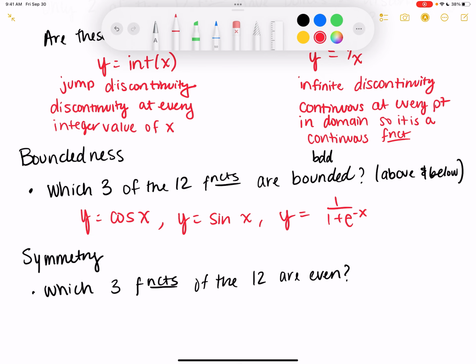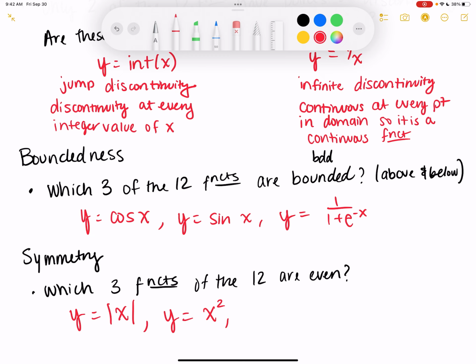F of x equals absolute value of x. And then f of x equals x squared. And then you might have to remember something from last year to get the last one.